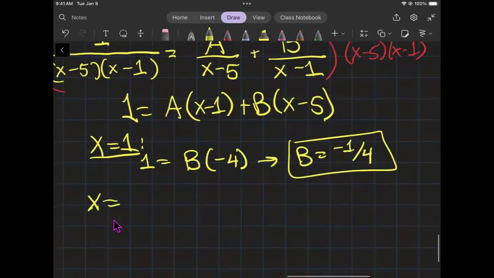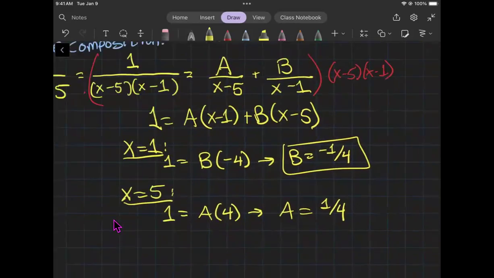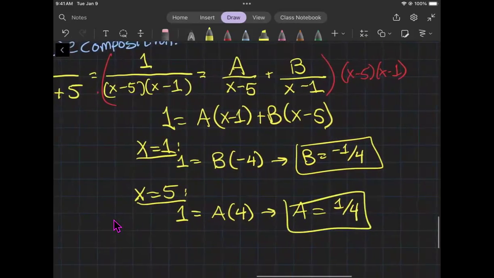And if x equals 5, that equation becomes 1 equals A times 5 minus 1, which is 4, plus B times 5 minus 5, which is 0, right? So 1 equals 4A, which means that A is equal to positive 1/4. Okay, so that is the partial fractions decomposition, folks.